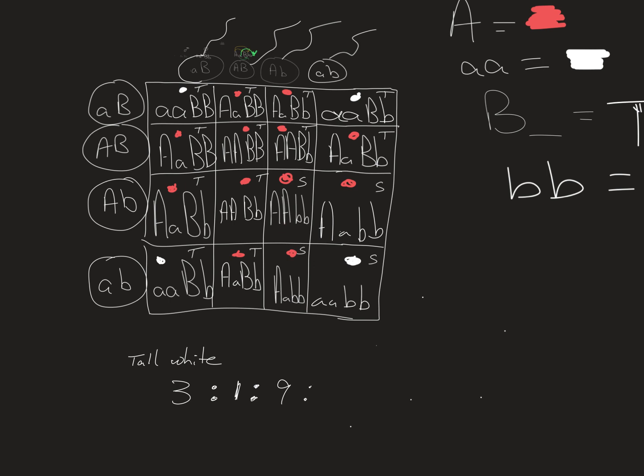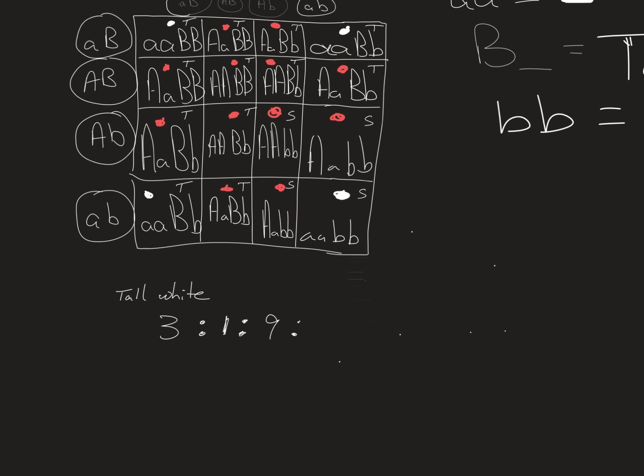Let me write that down. The first 3 are tall and white. Then 1 was white and short. This is short and white.